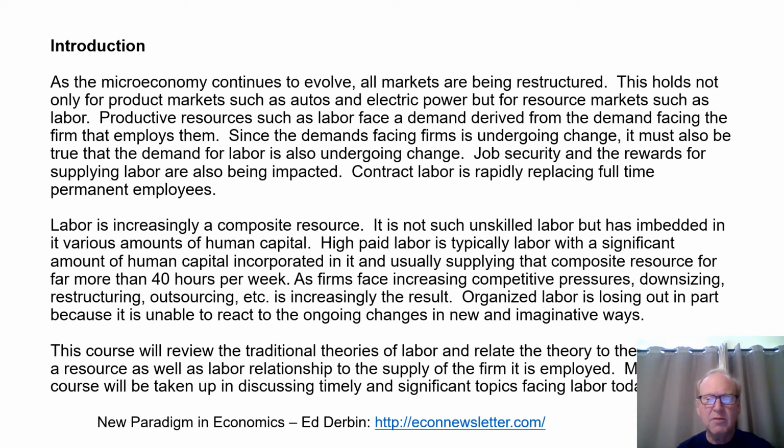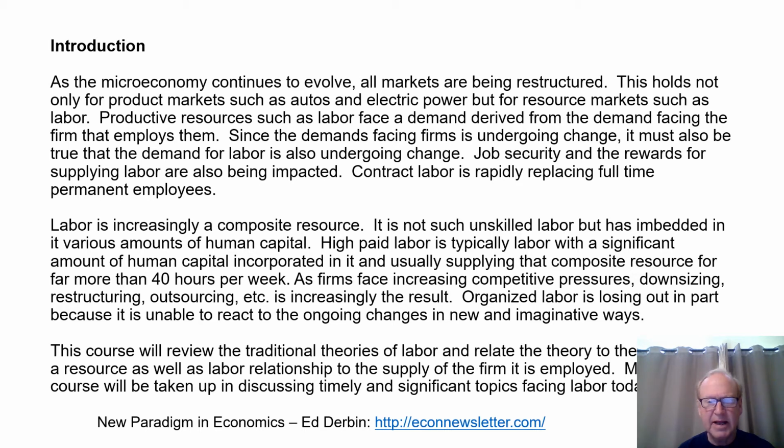One of the most important topics when we're discussing labor, or any of the productive resources, has to do with derived demand. The derived demand for labor means that, in very basic terms, we're looking at what that labor means to the firm. Why are you actually being hired by that firm?